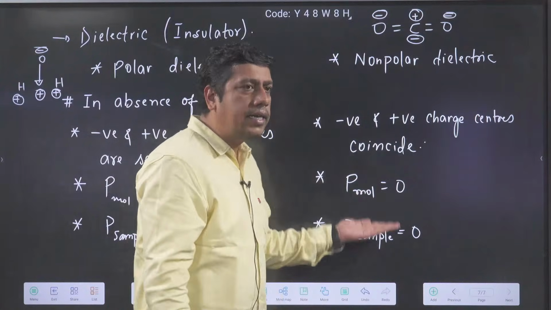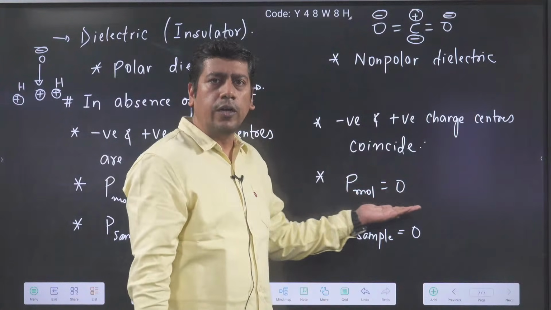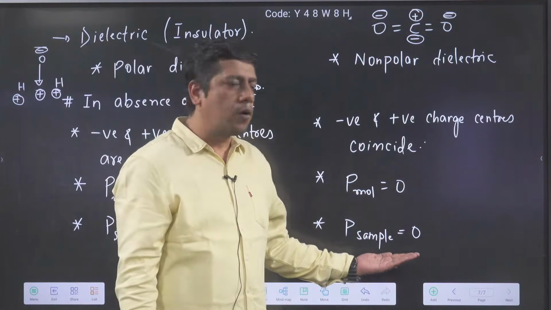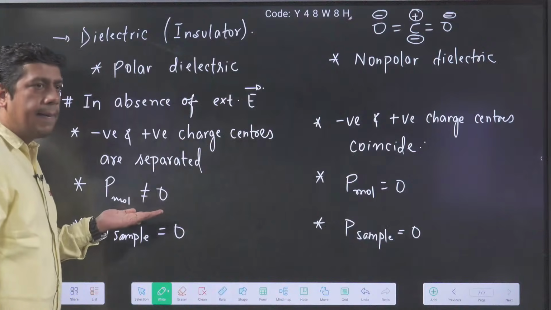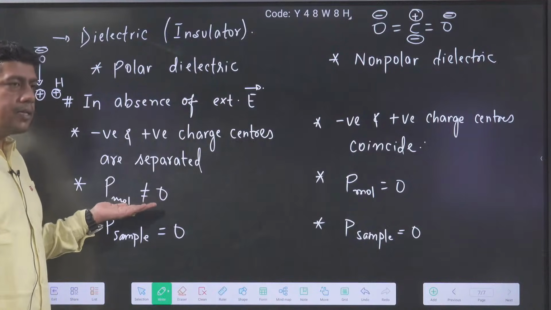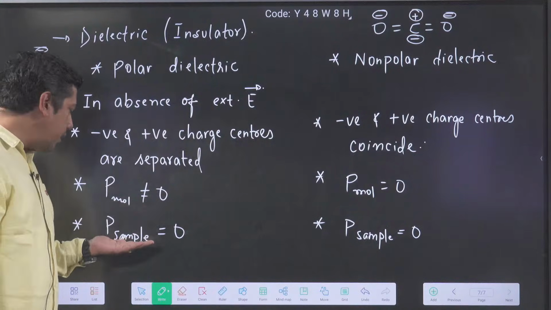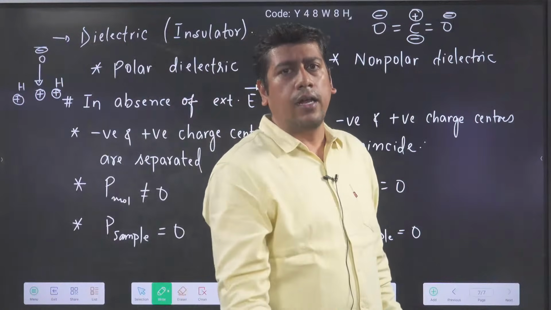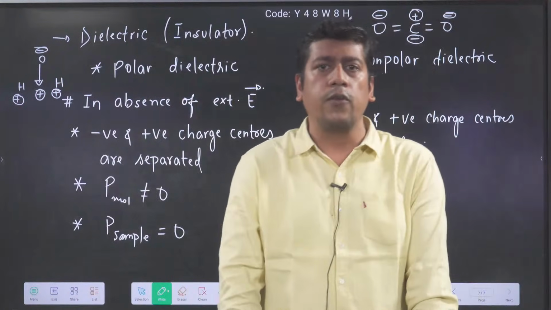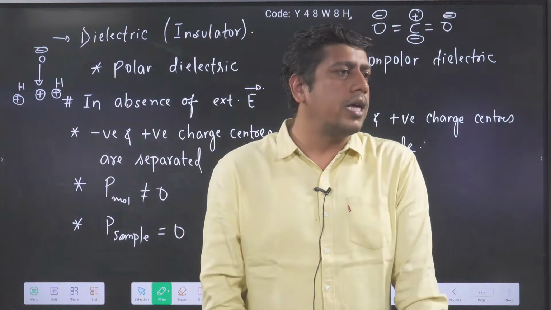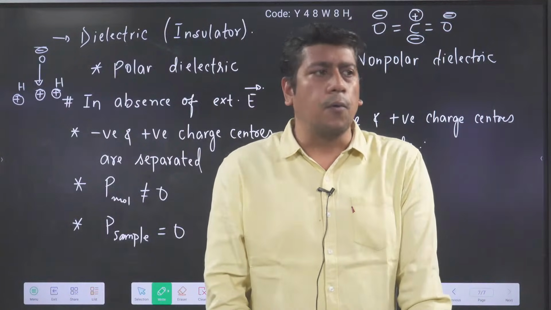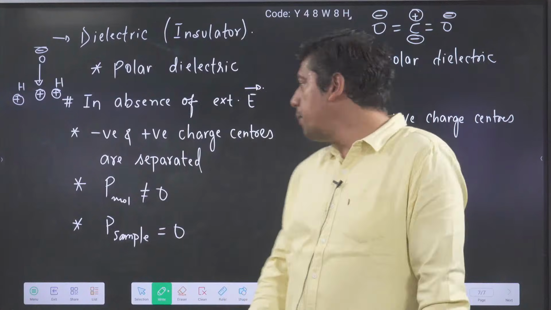But here, sir, one molecule was having some dipole moment, then why does the sample not have any dipole moment? Because if I multiply trillion with some number, the result should be very large. So if one molecule has some dipole moment, the sample should have a very large dipole moment. Why is it coming out to be 0?